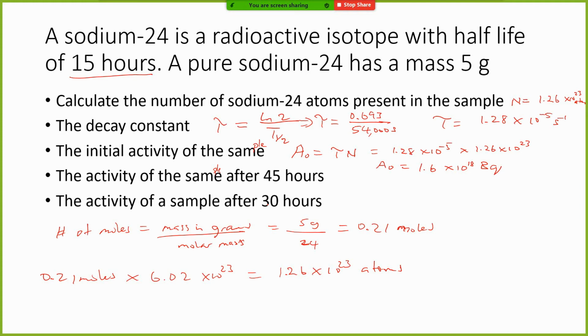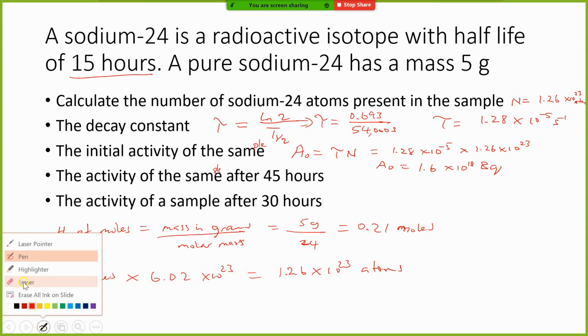If we know that the half-life is 15 hours, and they are asking us to determine the activity after 45 hours, we can go ahead and do that, simply because in 45 hours we would have had a total of 3 half-lives. So we expect that the initial amount that we have, which is the 1.26 times 10 to the 23rd, is going to halve itself 3 times to find the remaining amount. We could even use the formula to make it easier, but at first we're going to just use the concept here. Let me just show you what I mean.